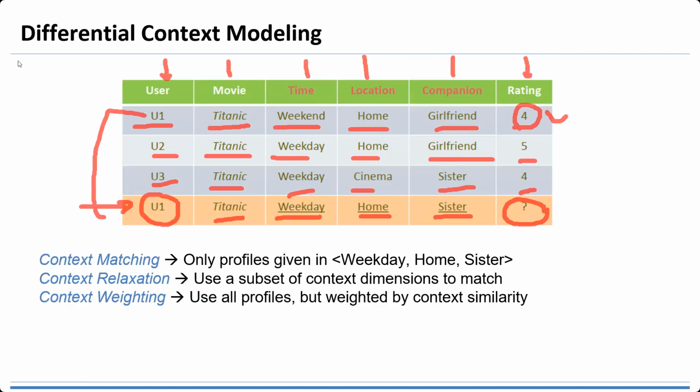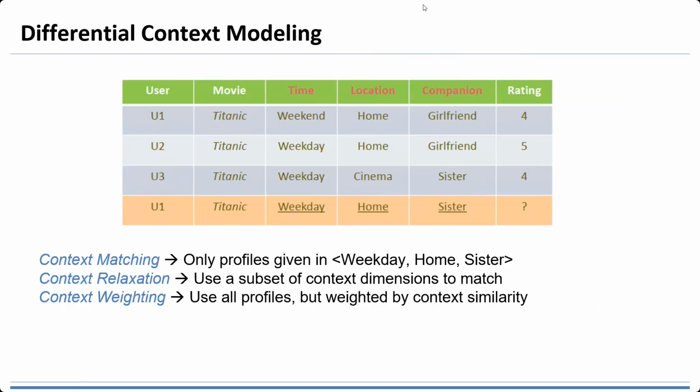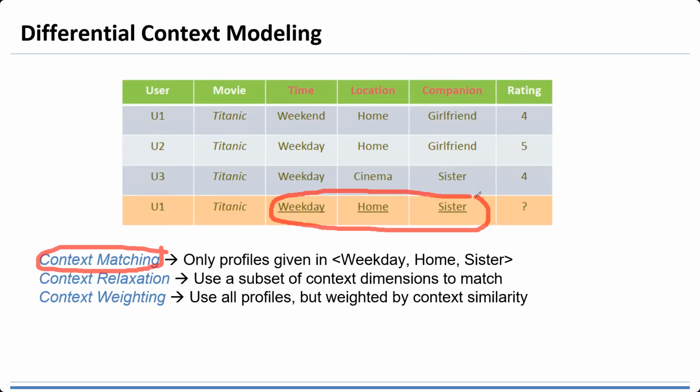So we need to find the context matching. What is the context matching? In this case, we have this context because we want to predict based on this requirement. So the profile is weekday, home, and sister.